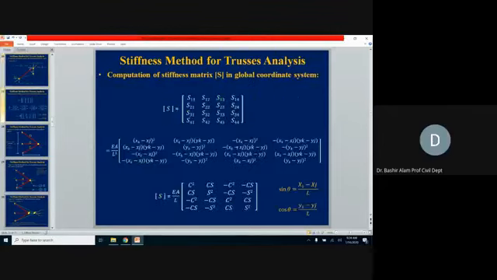Finally, now we are writing this in the matrix notation format. So EA over L cube was common, as we said, so we take this out common, and these are the coordinates now. We can write this in a simple form in terms of the trigonometric function.